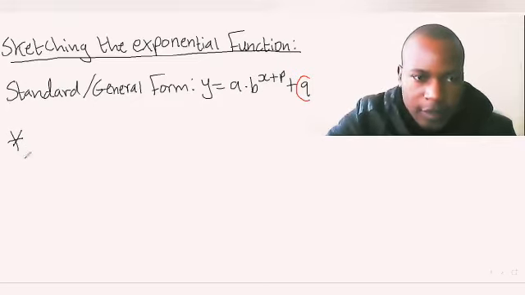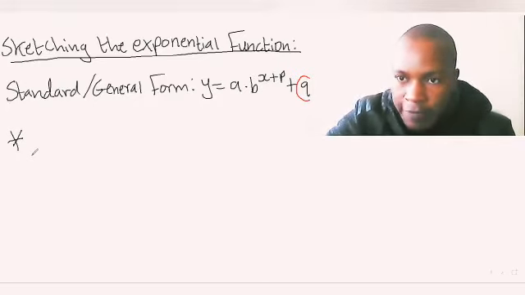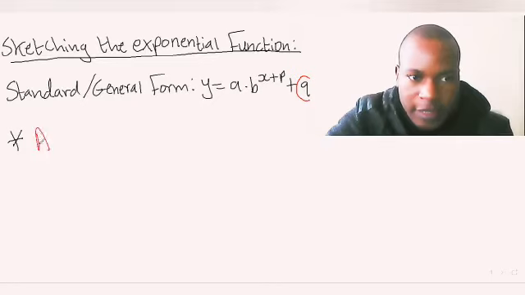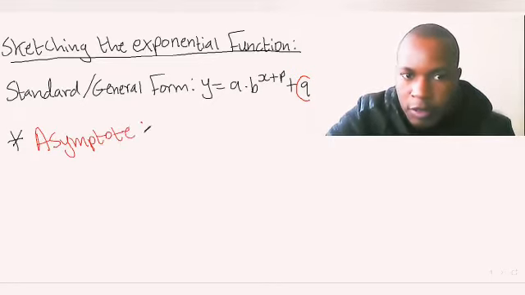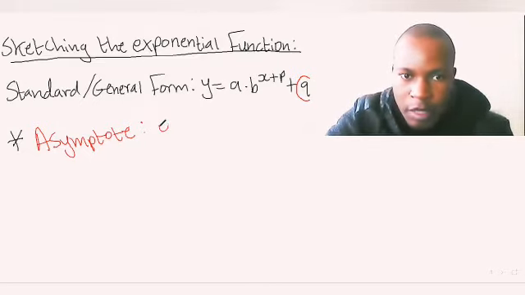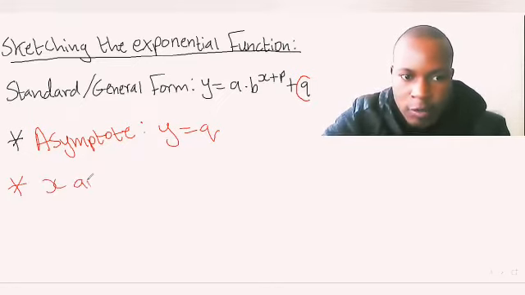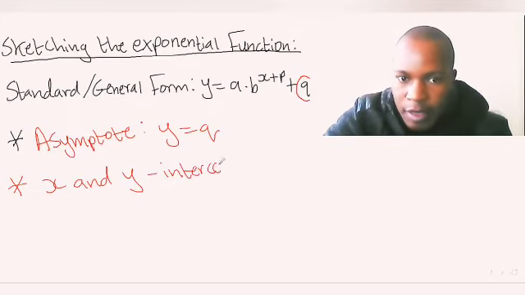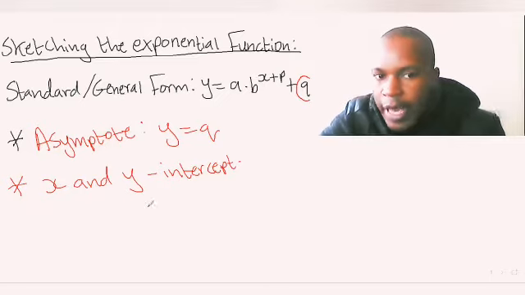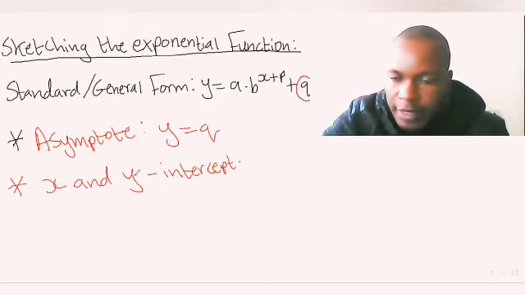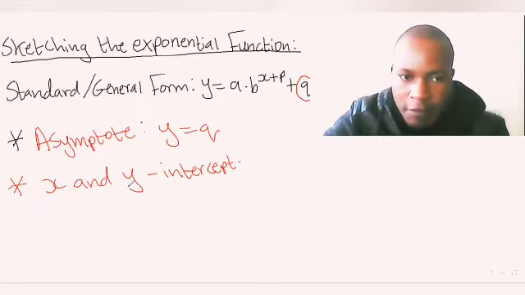So to sketch the exponential function, you would firstly need the asymptote, the horizontal asymptote, which would be y equals q. You would then also need the x as well as the y-intercept. Once you have found the x and the y-intercepts as well as the asymptote, you can then sketch the function itself.